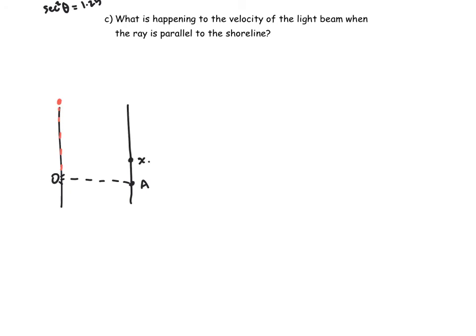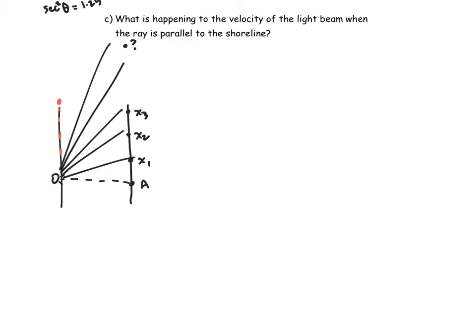So first it would have to be at x1, then at x2, then at x3, etc., until it gets out to some point here, and it's eventually going to head to where theta is approaching pi over 2. Let's look at this setup.